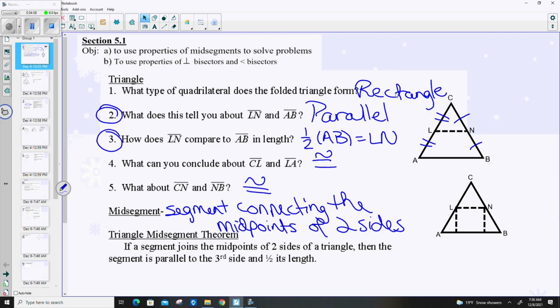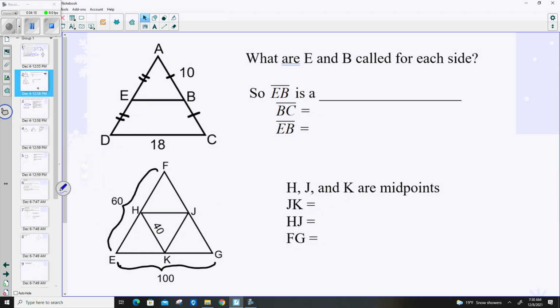Okay, so what we do then is we use that mid-segment theorem. So looking at that picture, E and B are called what for each side? Midpoints, I heard. Absolutely. And you can tell that how?